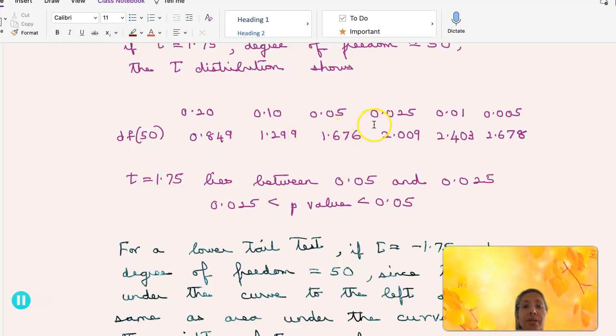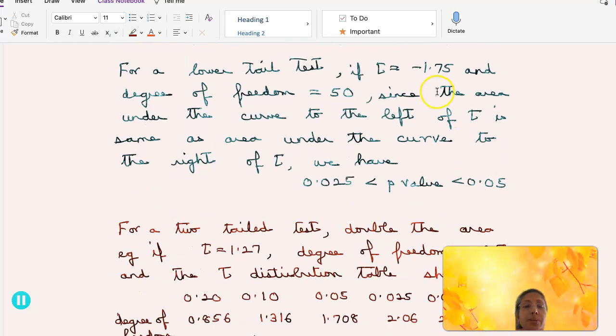The p-value will lie between 0.025 and 0.05. For a lower tail test, if t is minus 1.75 and degrees of freedom is 50, since the area under the curve to the left of t is the same as the area under the curve to the right of t, because the curve is symmetric, again the p-value will lie between 0.025 and 0.05. So we basically look at the same value, whether it is lower tail or upper tail.